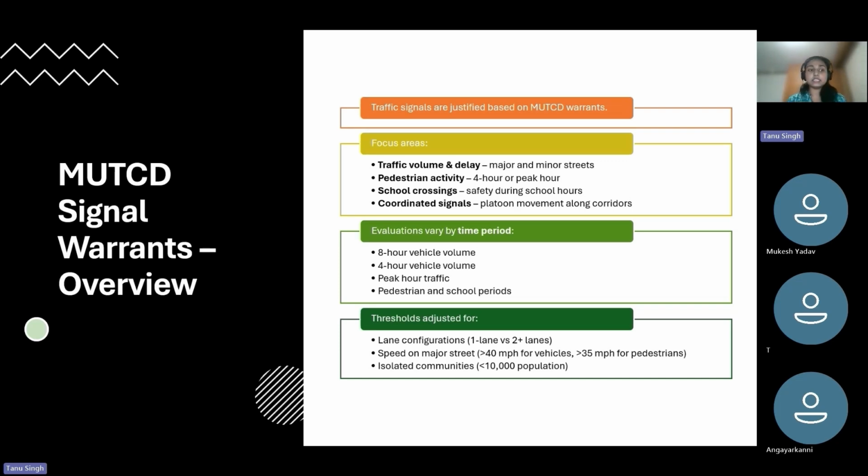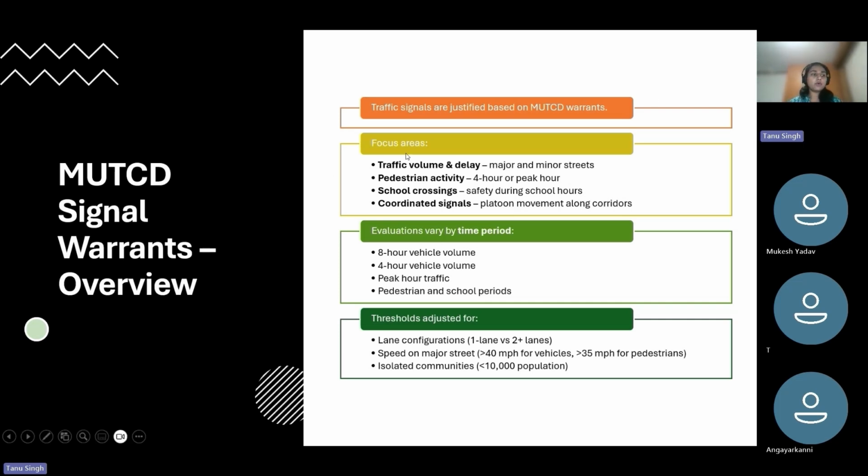So what were these signal warrants that I mentioned just now? This Manual of Uniform Traffic Control Devices has different warrants, and we install the signal based upon these warrants. Starting with these warrants one by one: firstly, traffic signals are justified based upon these warrants.